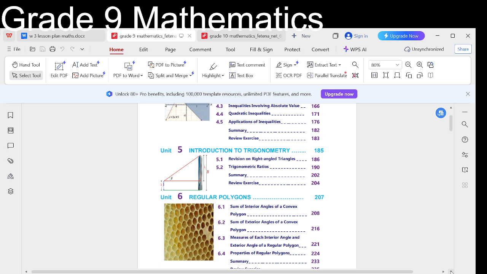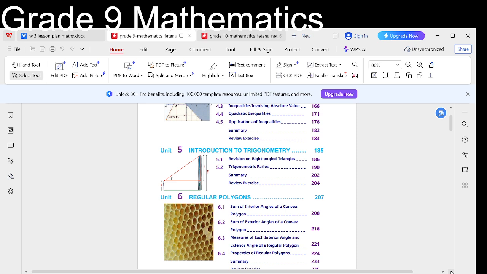The other functions are called reciprocal functions: the reciprocal for sine is the cosecant function, for cosine we have secant, and for tangent we have the cotangent function.